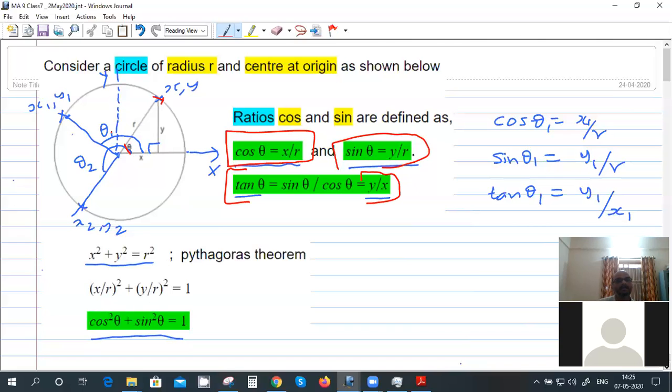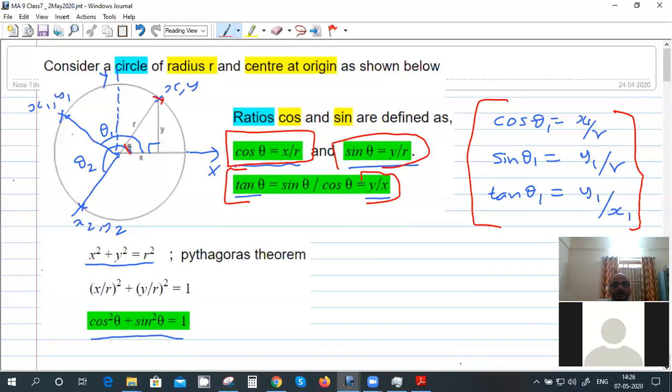Now, if we take an angle theta 1 in the second quadrant, again I'll define cos theta as x by r only, but that coordinate is x1. So it's x1 by r, y1 by r, and y1 by x1. Is this clear? The second quadrant. Clear?